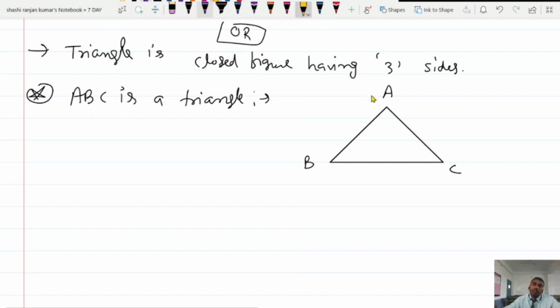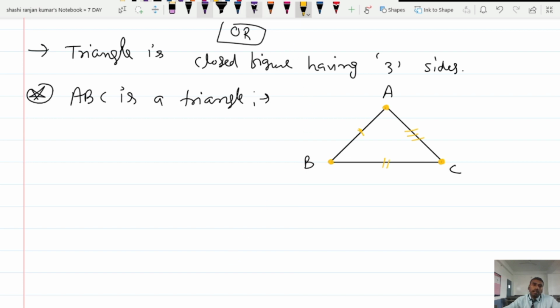This point A, this point B, and this point C are known as the vertices of the triangle. And this side AB, other side BC, and one side AC are known as the sides of the triangle.